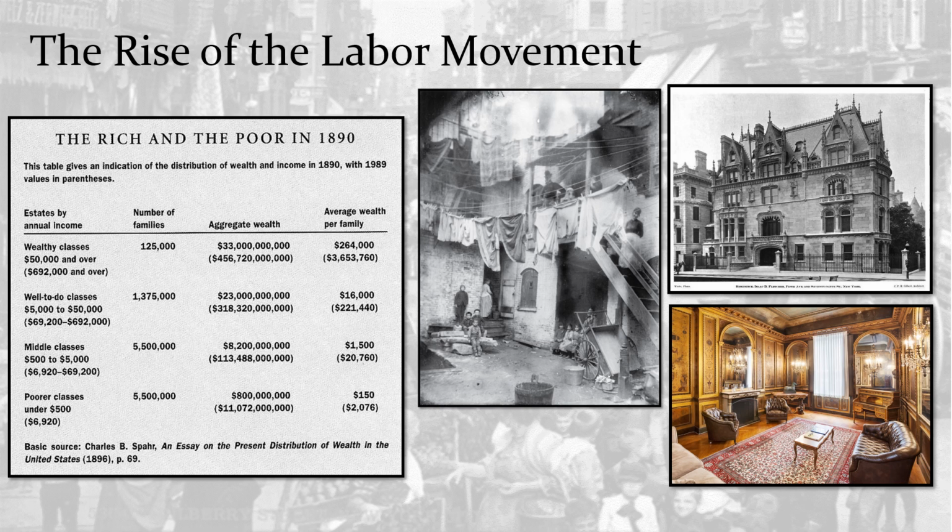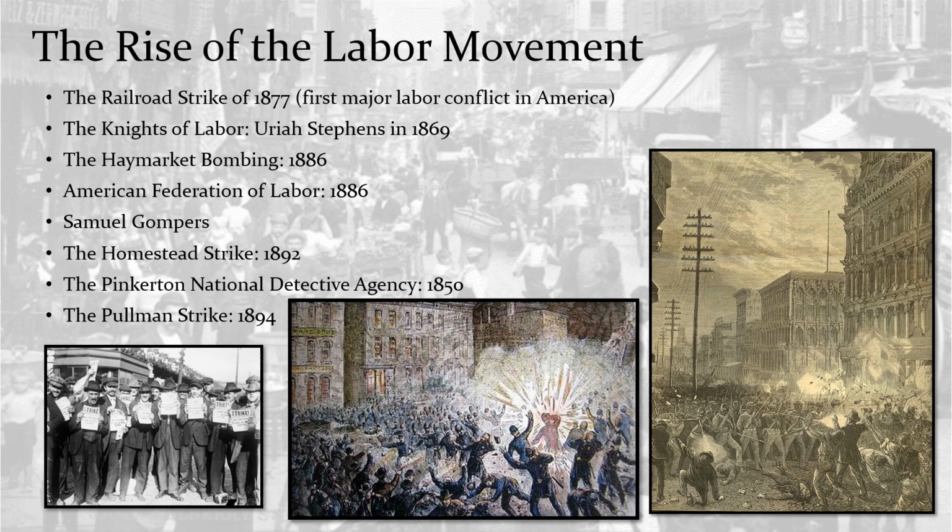I don't think you have any problem seeing the differences between the two. But there certainly is, within the Gilded Age, a huge difference between the people who had the money and the people who didn't, or the wage workers. So this drives the rise of the labor movement.